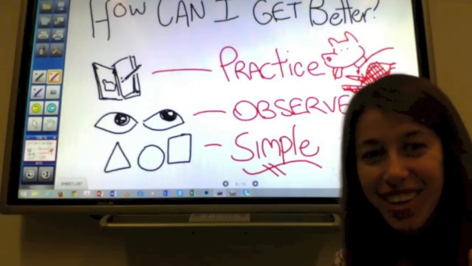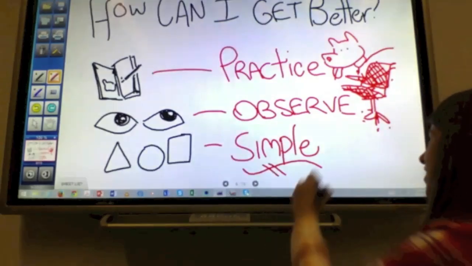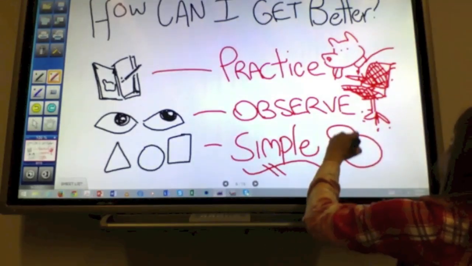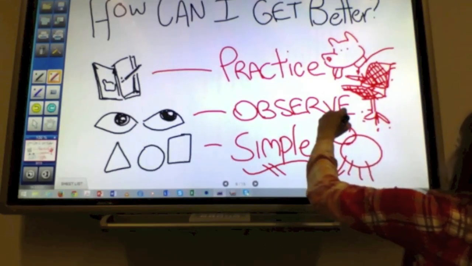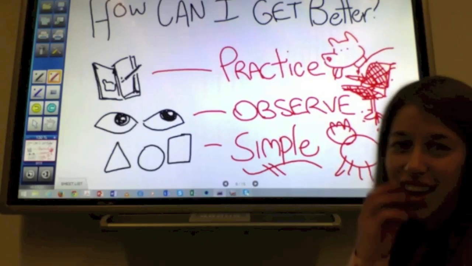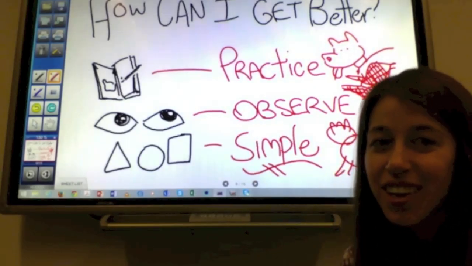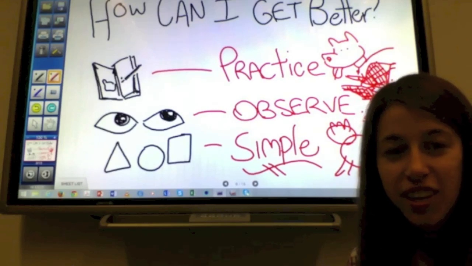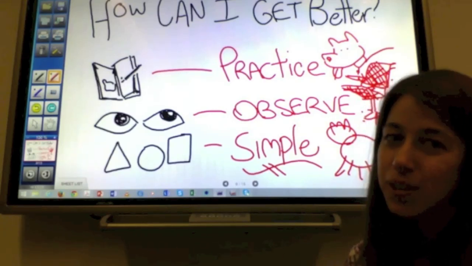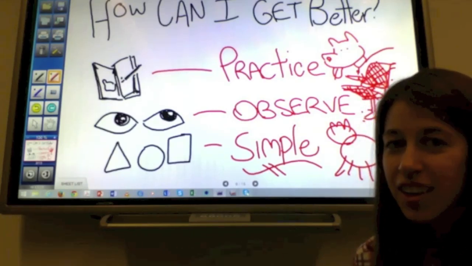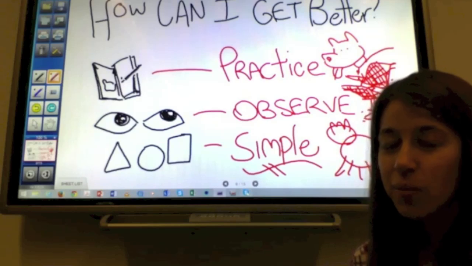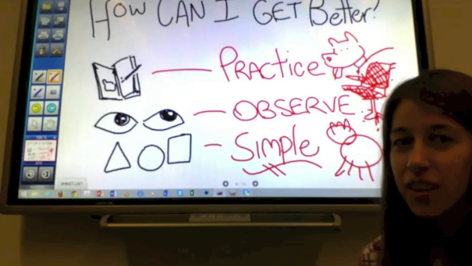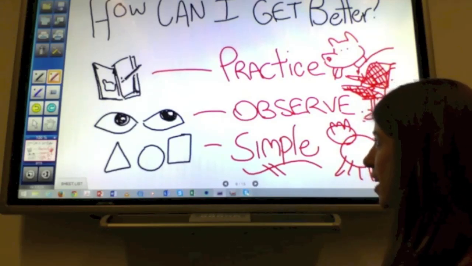We didn't win, but Jeff's beautiful horse with legs and ears, apparently that's a horse. That's how we won. So keep it really simple. You are just trying to articulate your ideas on a paper, and you're trying to help yourself for later. So keep it simple, practice, observe. Those would be my 3 takeaways.